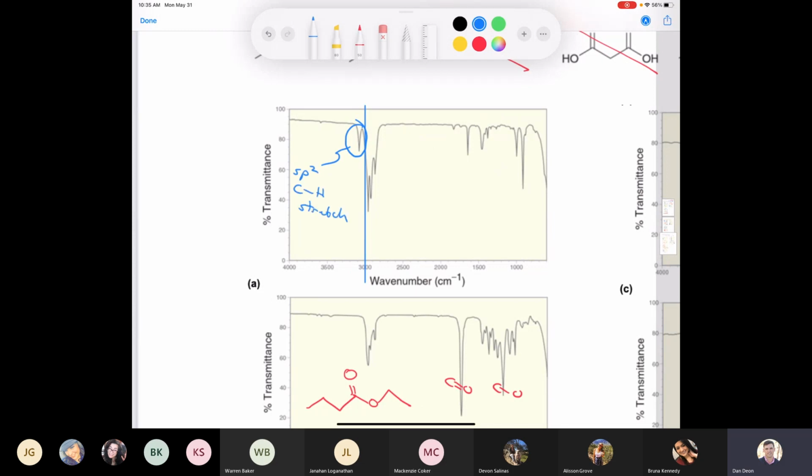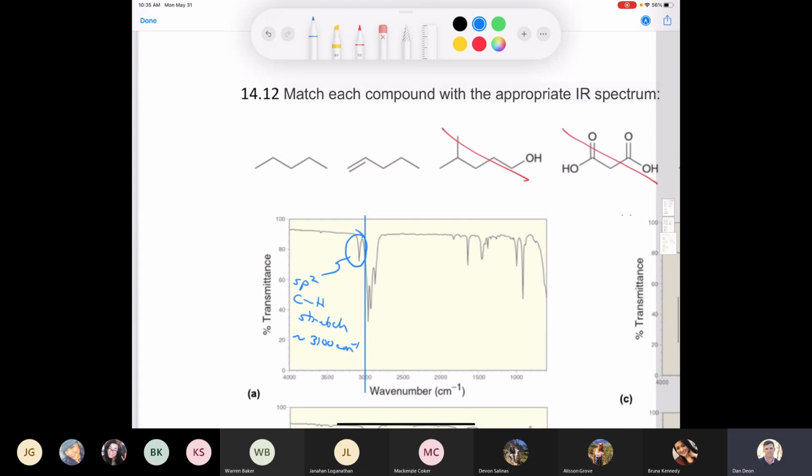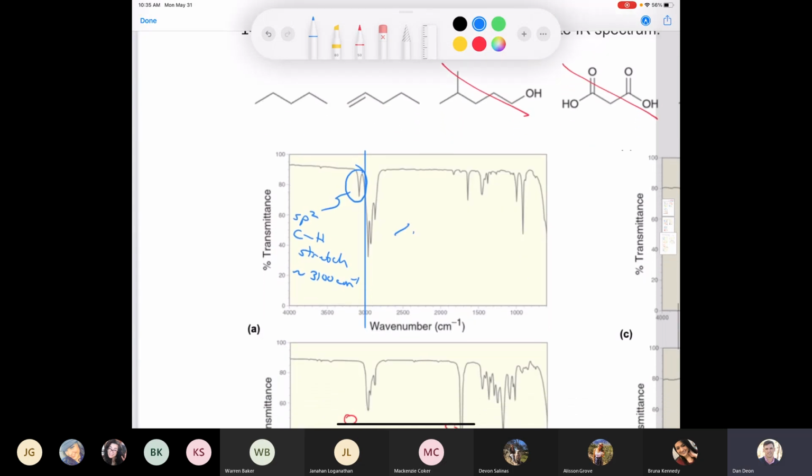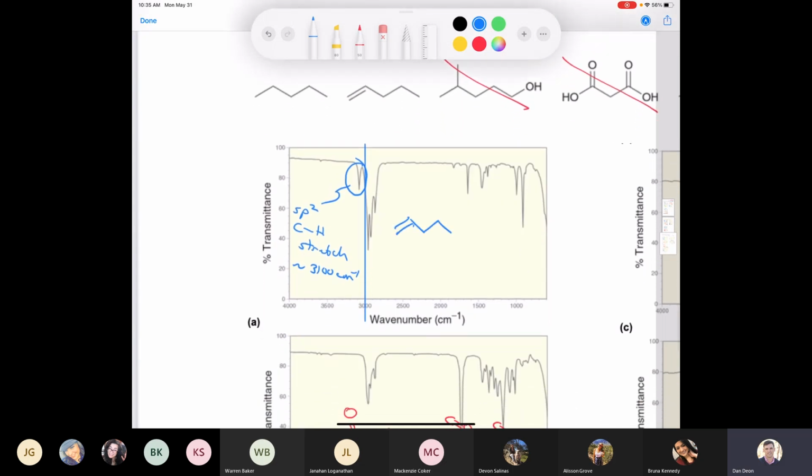Remember, around 3,100 reciprocal centimeters. This means this is our alkene. And the structure of the alkene is this. Like that. All right. You see that we also have the signal for the carbon-carbon double bond stretch here.